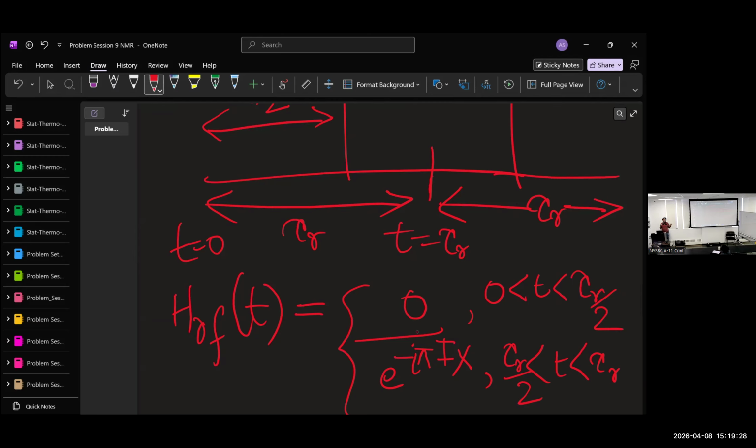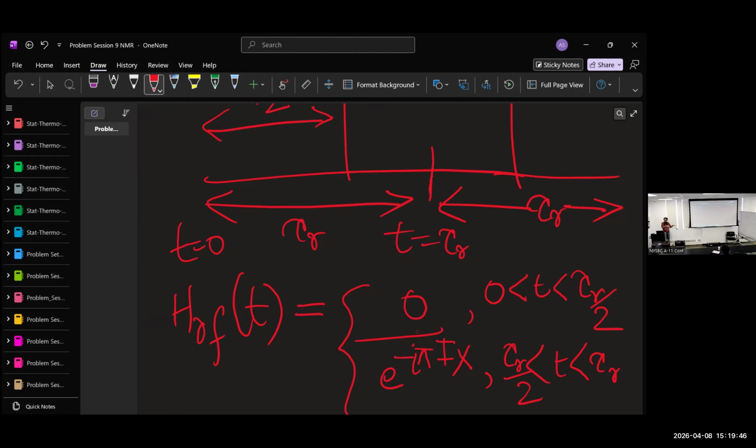So this is how you construct a piecewise RF Hamiltonian for pulse programs that involve these rotor synchronized 180 pulses, which is a different approach, but in many ways equivalent to having a constant spin lock.